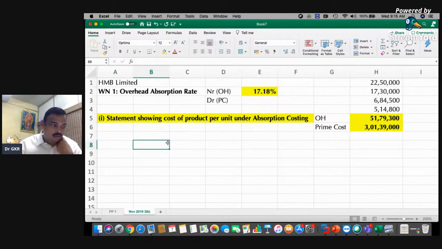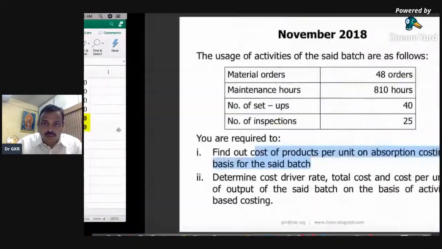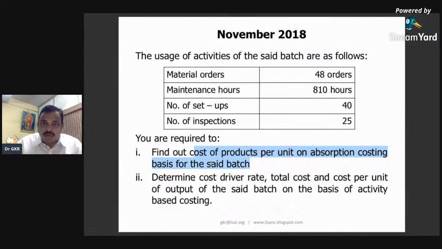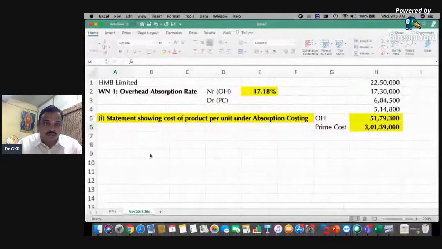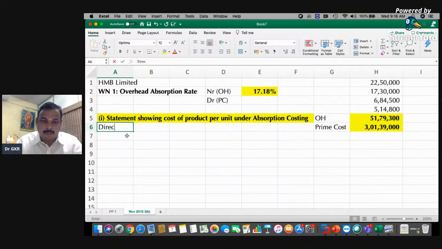So what do you need to do now? You need to find what is your item cost. On the set batch, what is your set batch? 15,000 units. This is your direct material and this is your wages. So what is your direct material? What is your direct labor?